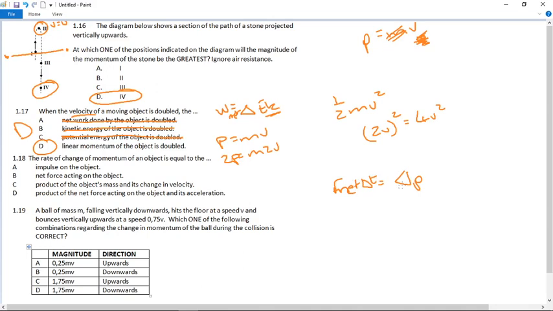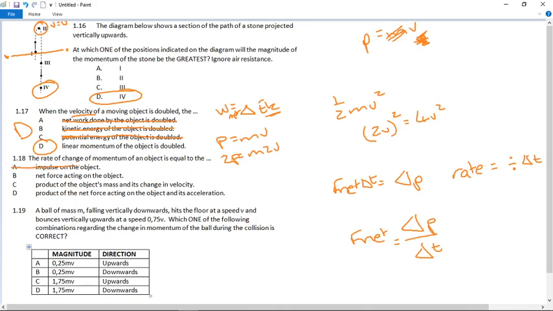So the rate of change of momentum, when you see the word rate, it means we are going to divide by the change in time. So let's go. The rate of change of momentum in symbols is delta P. Change in time is delta T. So that leaves us with F net, yes?